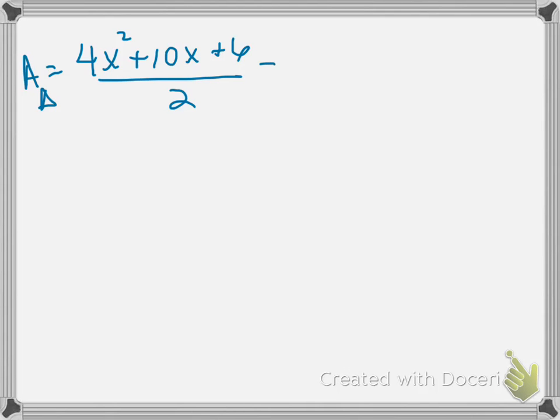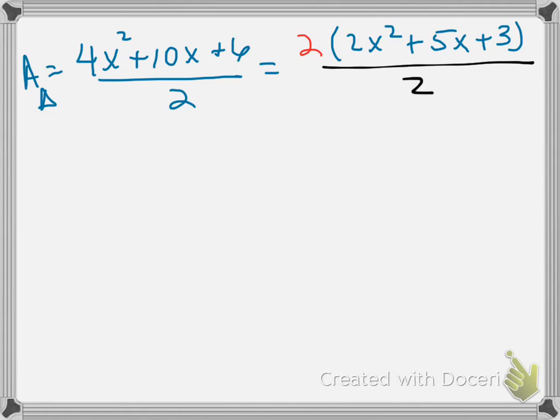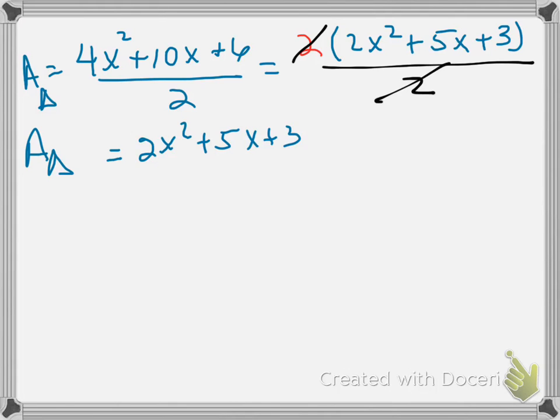So I'm going to divide a 2 out of everything in there. So 2 goes into 4 2 times, so it's 2x squared. 2 goes into 10 5 times, so that's 5x. And the last one, of course, will be 3. And all this is going to be divided by 2. Now, if you notice, I have a 2 in the numerator and a 2 in the denominator, so I can cross them out. So I end up with 2x squared plus 5x plus 3 as the area of the triangle.